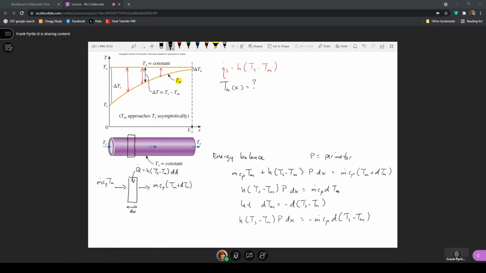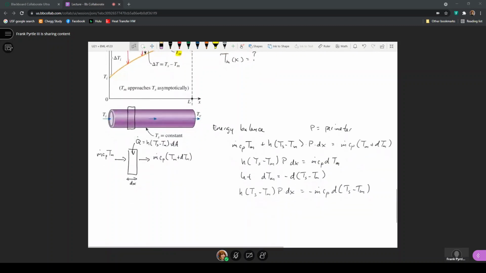So with this expression, now I can group some terms. Here the heat transfer coefficient is what we consider, and if we evaluate it based on an average heat transfer coefficient along the length of the pipe, it's not a function of x. Ts is not a function of x. The mass flow rate and specific heat are also not a function of x.